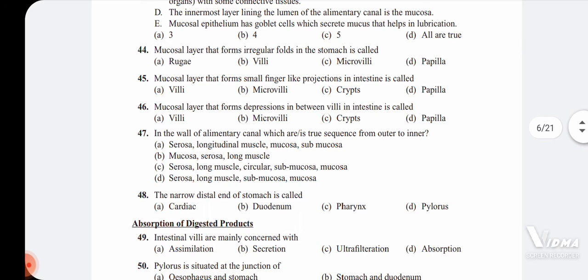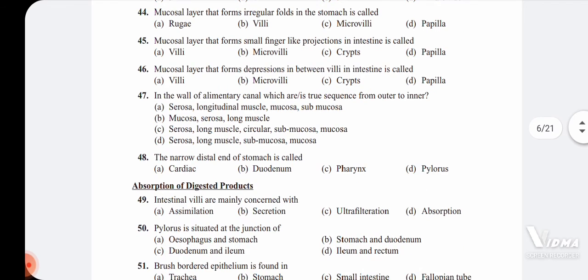Next, 44th question, mucosal layer that forms irregular folds in the stomach is called. They are called rugae. Next, 45th question, mucosal layer that forms small finger-like projections in the intestine is called.